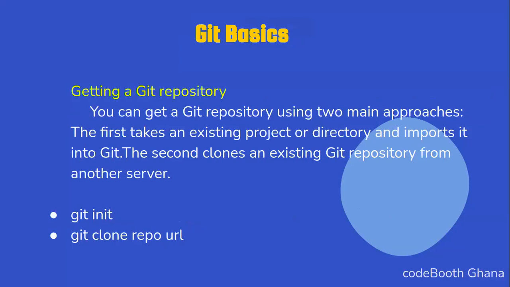There are two main ways of doing this. The first one is to take an existing project or directory and import it into Git. The second one is to clone or download. In Git, we say clone, we don't say download, but it's the same thing. The second one is to clone an existing Git repository from another server.